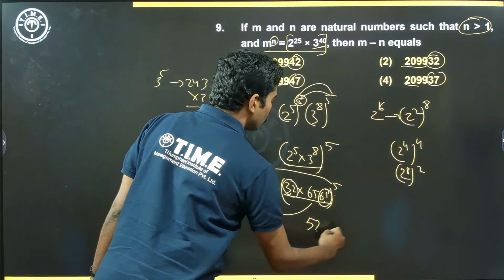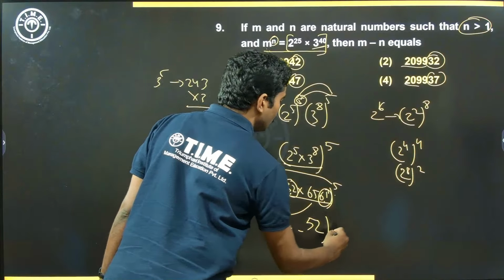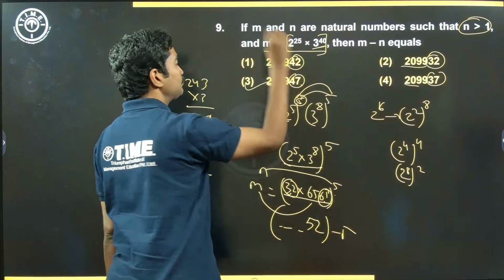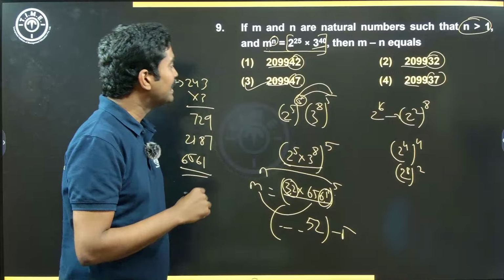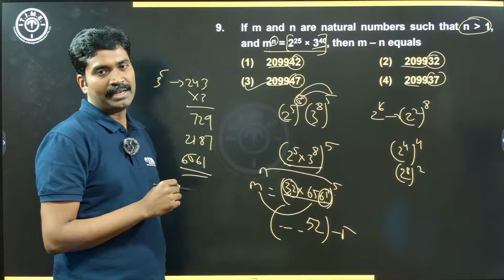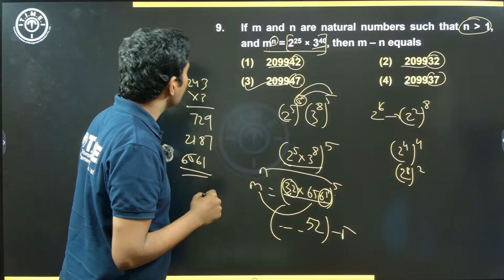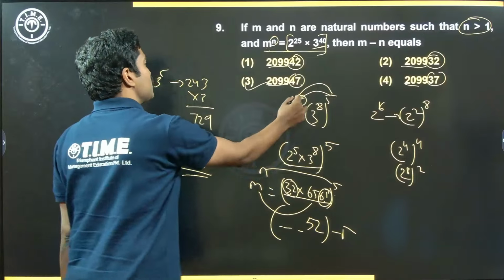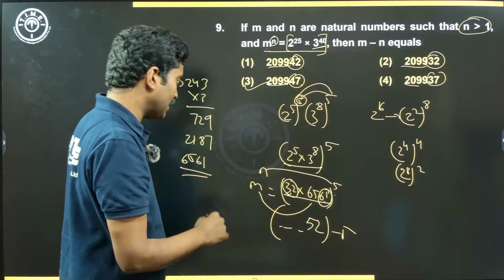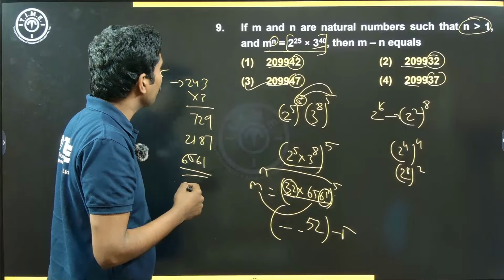So it will be something 52 minus 5. Option 3. It's going to be 209947. Great confidence booster this was. This 5 was good, and then from there we got it pretty fast.